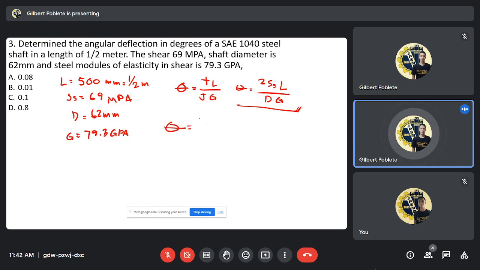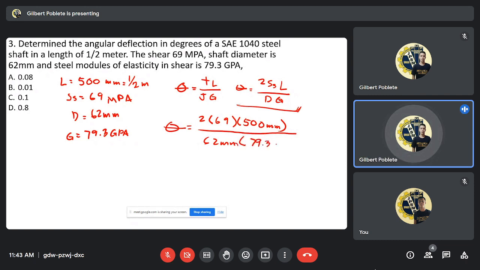Theta is 2 times 69 times 500 millimeters, tapos meron tayong 62 millimeter times the 79.3.